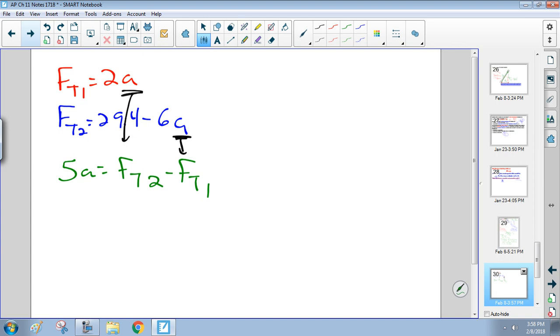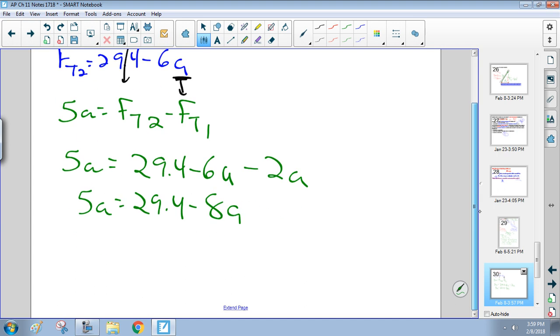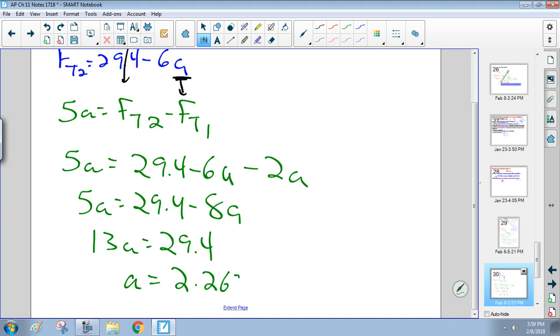Okay? So what do we get? We get 5A equals force of tension 2 minus force of tension 1. So I'm looking at 5A equals 29.4 minus 8A. So add 8A, you get 13A equals 29.4. And so A is, I think it's 2.26 meters per second squared.